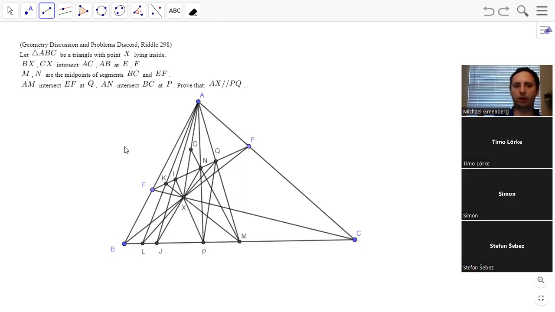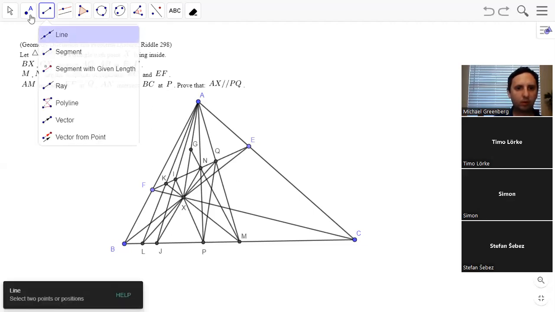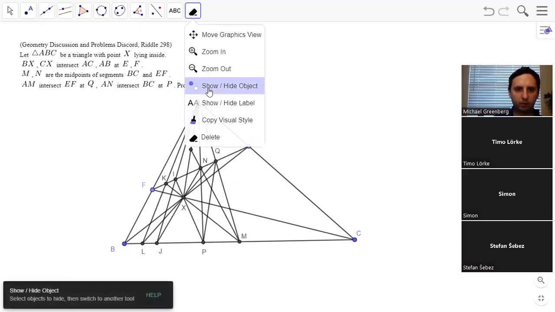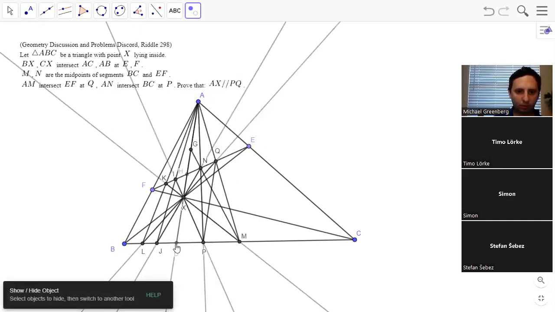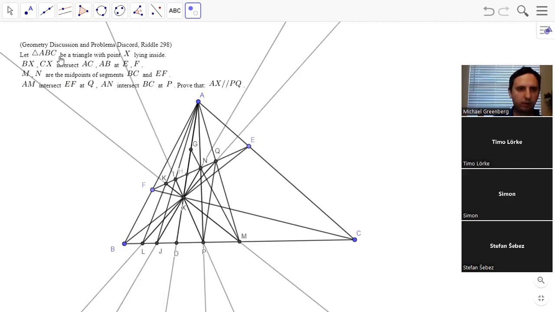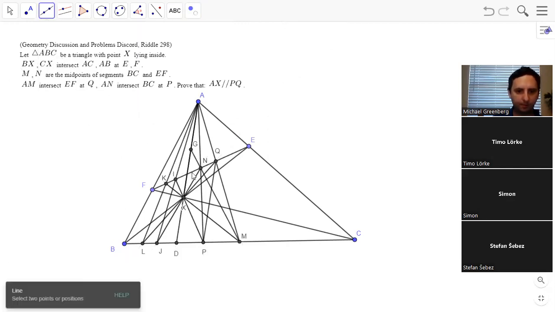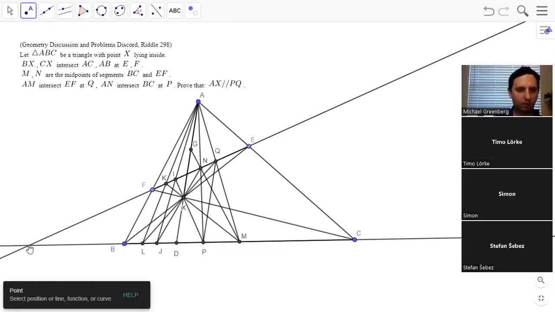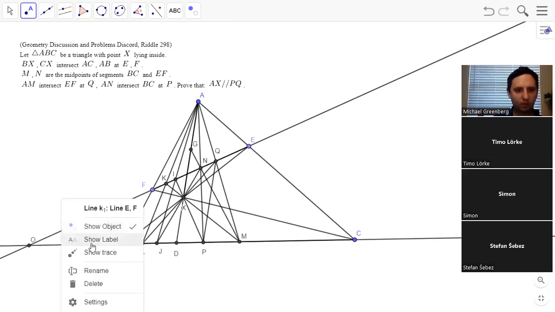Okay, so you will need to add two more points: the intersection of EF and BC, and of AX and BC, like completing the quadrilateral. So here's AX and BC, and then EF and BC. And now the rest of the proof will be three projections.